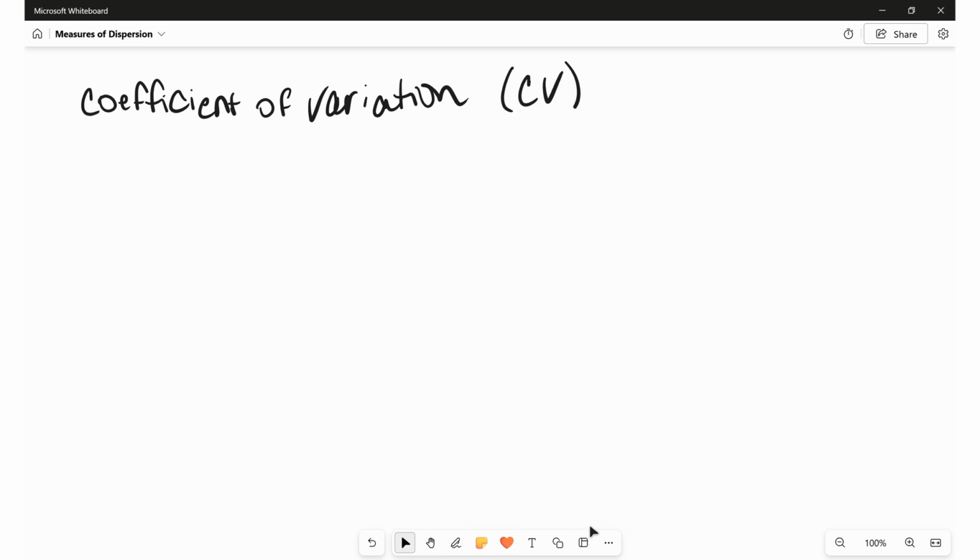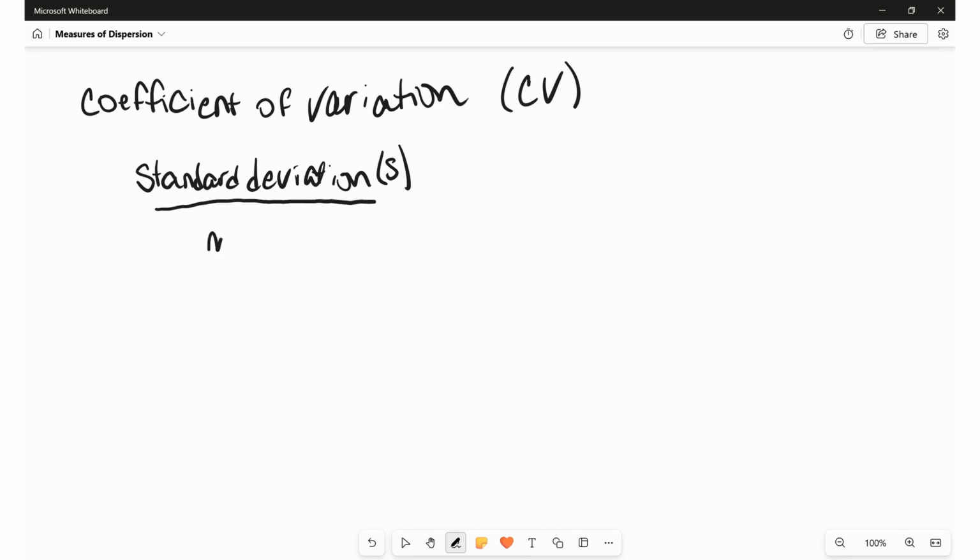Okay? And to calculate the CV, we are going to take the standard deviation, sometimes represented with S, and divide this by the mean, or X bar, and then multiply that by 100. Okay?